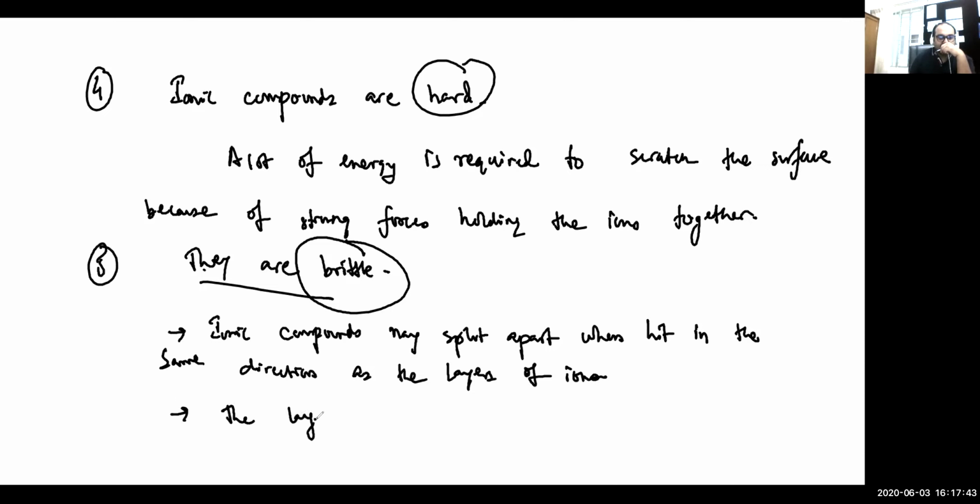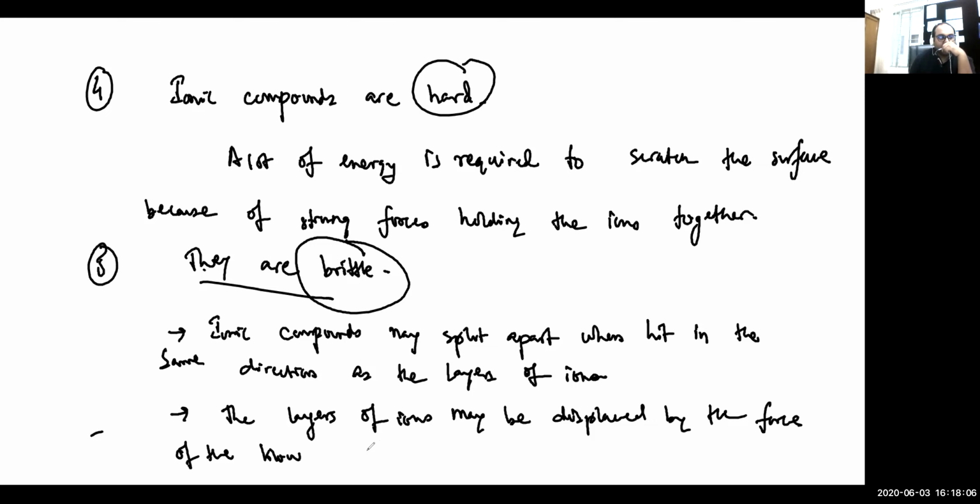The layers of ions may be displaced by the force of the blow, so that ions with the same charge come together.